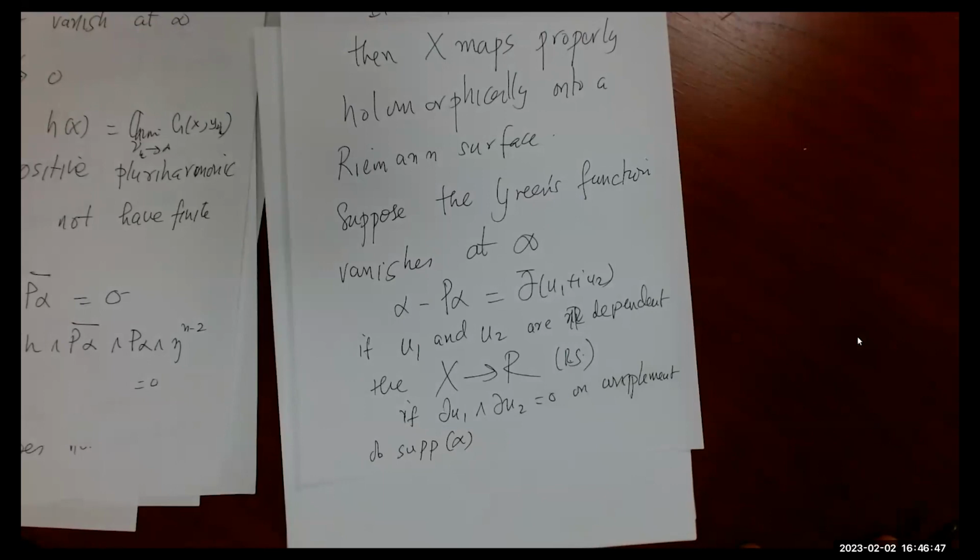Now you have to do some work to show that you'll be in a situation which Grauert called hyper n minus 1 convex. That is enough to get a contradiction to the fact that you have a positive Green's function. You play those two together, and that's how the theorem goes.